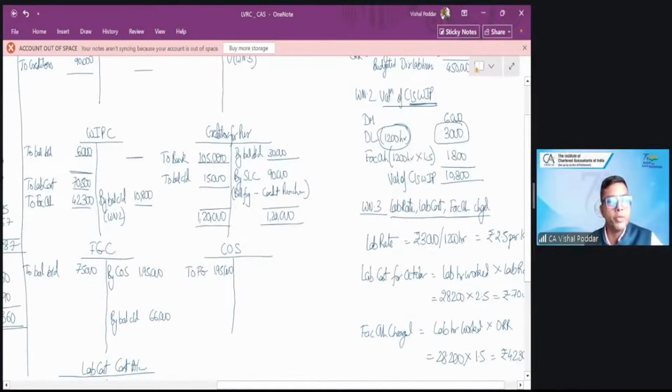Then I come to FG, you have opening, you have sales, you have closing. So here I get the missing value of the cost of goods which are transferred from factory to your finished goods after completion. So this is the balancing figure. So how much it comes to?